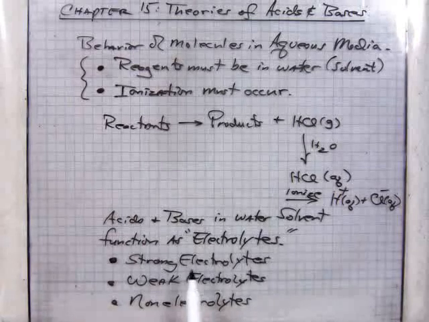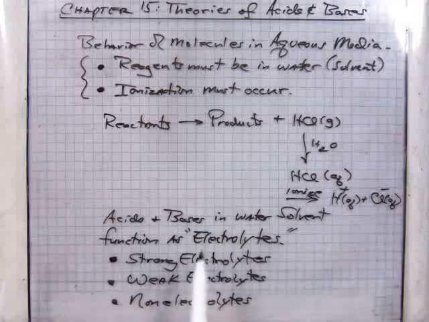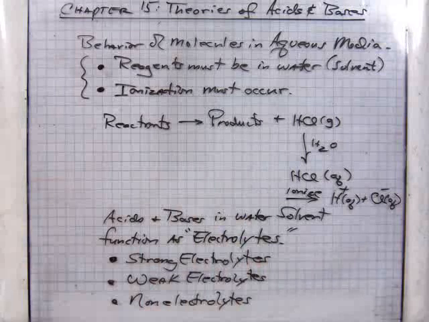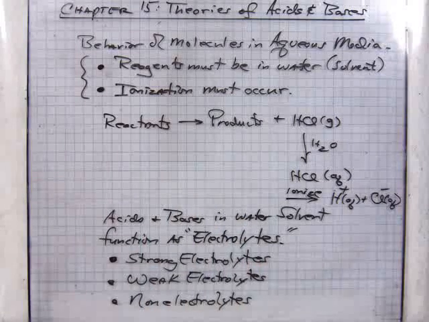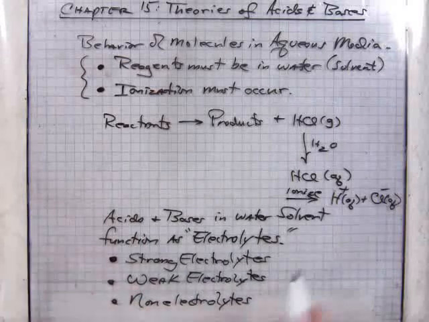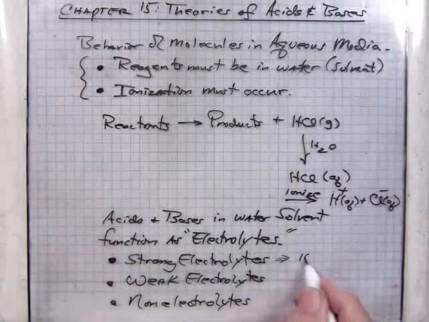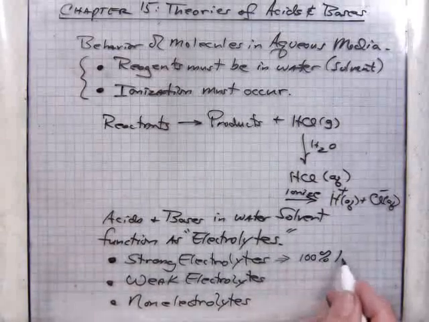But the central issue in an electrolyte is that it is a compound in water that undergoes that ionization and is required. Now, how much ionization is associated with the strong electrolytes? How much ionization is associated with weak electrolytes? How much is associated with non-electrolytes? Well, when we talk about those reagents that are strong electrolytes, we assume 100% ionization.